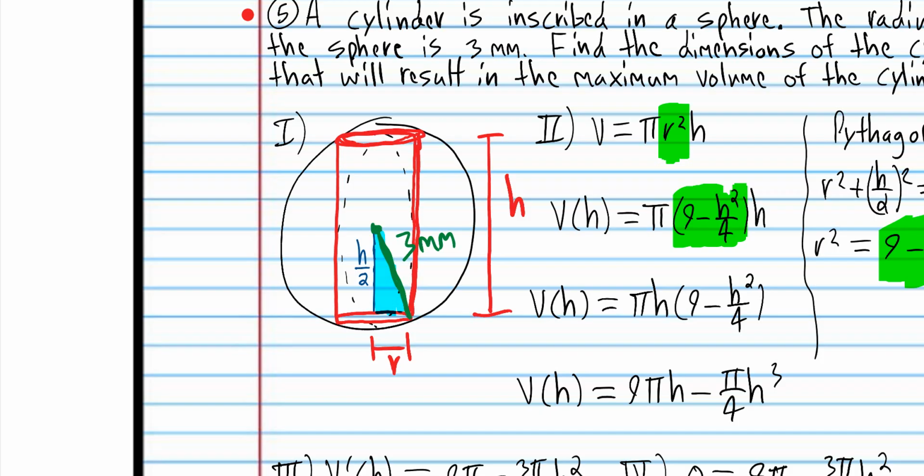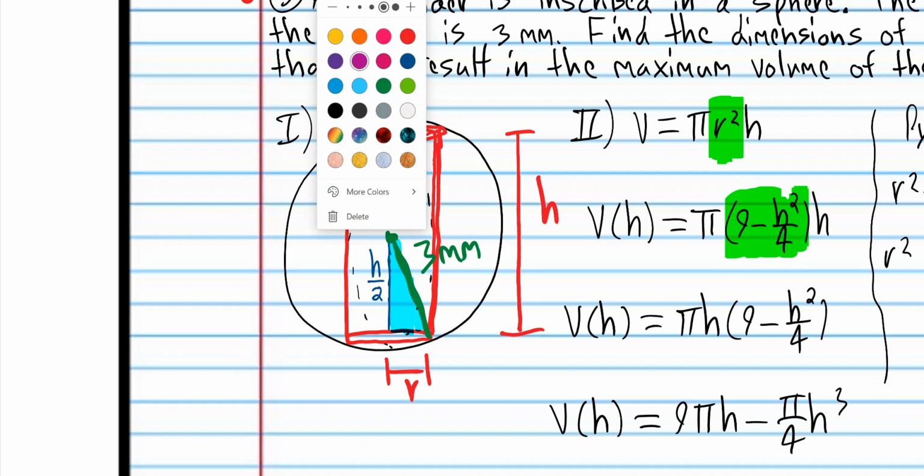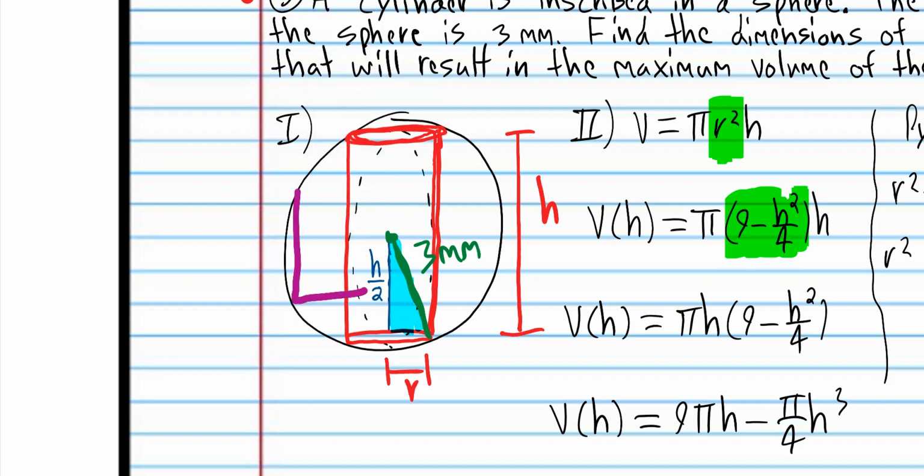Well, if the cylinder just gets shorter and shorter, it would look like this. As h gets smaller and smaller, it would just get so small that it would basically disappear, and h could be 0.